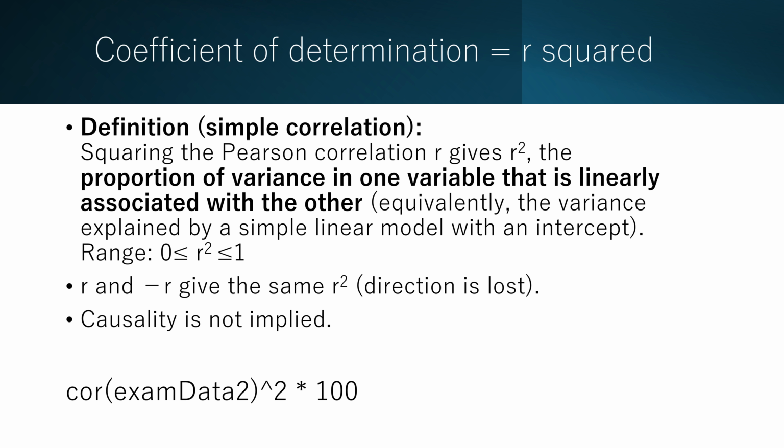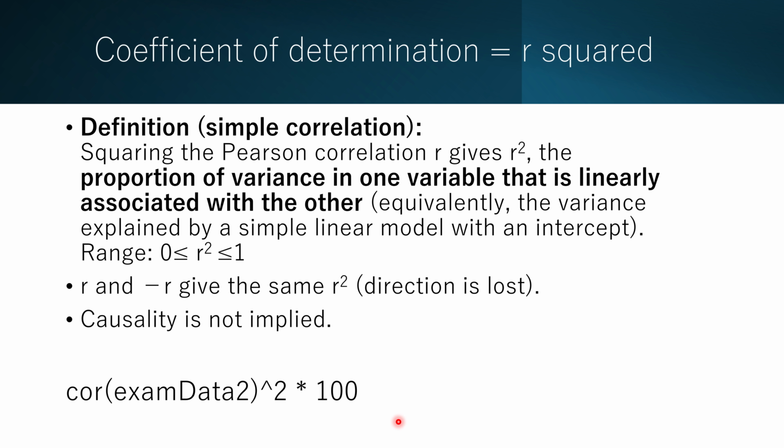Direction is lost because R and minus R give the same R squared. In R, you can square the correlation matrix and multiply by 100 to get percentage variance explained, like this.